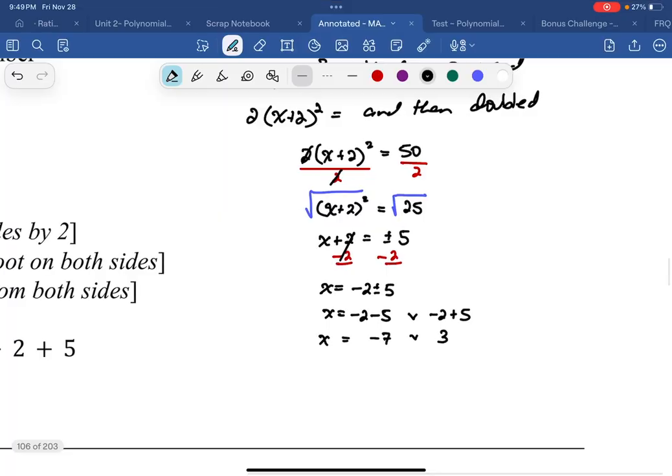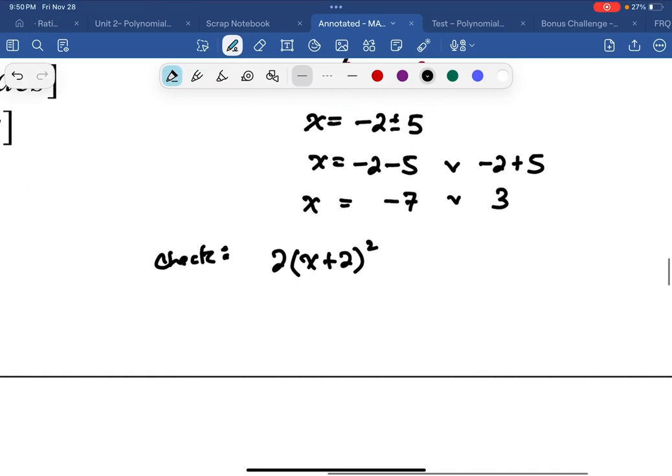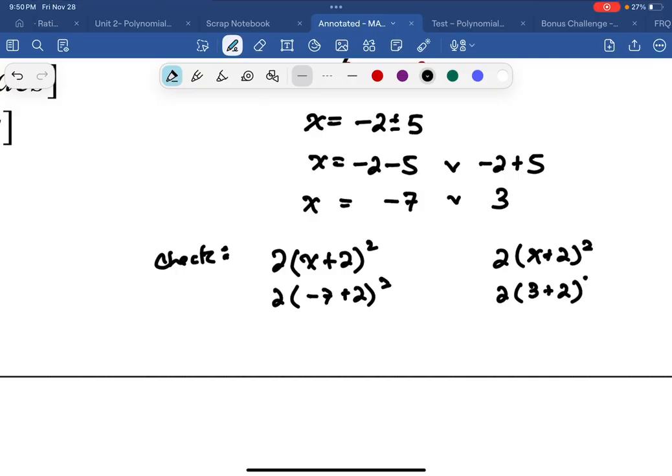And then we can do a little check here. So again, 2 times (x plus 2) squared is equal to, well, hopefully equal to 50. You can make a little note that this is a check. So 2 times (negative 7 plus 2) squared, and then 2 times (3 plus 2) squared.